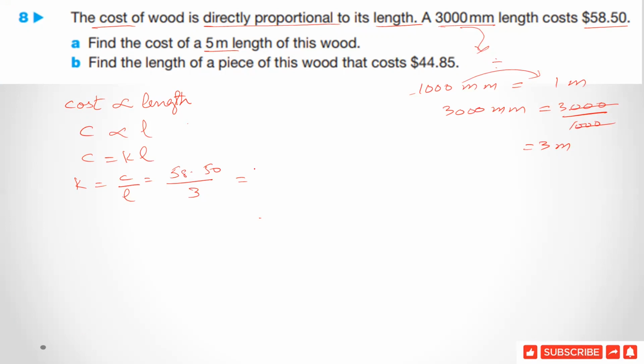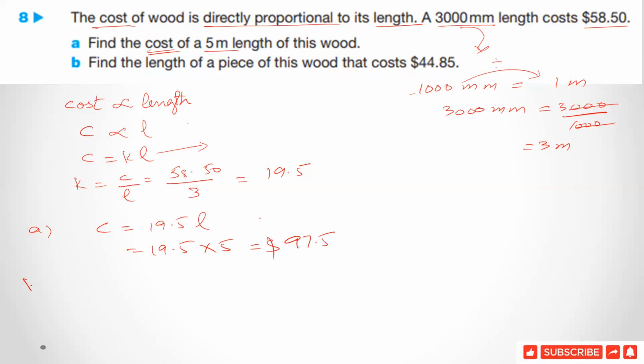This one is the rate constant, 19.5. Now, if I want to find out the cost, I take out again this equation. So for A, the answer has C equals 19.5 times length, means 19.5 times, what is the length? 5 meters. So when I multiply 19.5 with 5, I got $97.5. That is the cost.